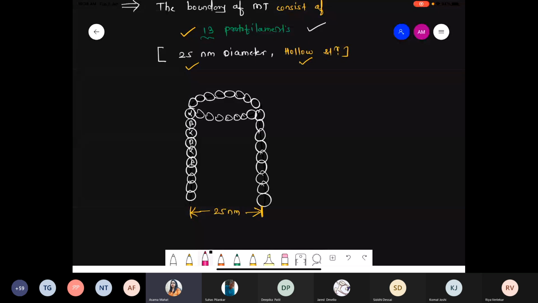The internal area of the bottle is completely hollow, and on the wall you have to stick tubulin protein in a specific manner, in a helical manner. So how many protofilaments? Total 13 protofilament.